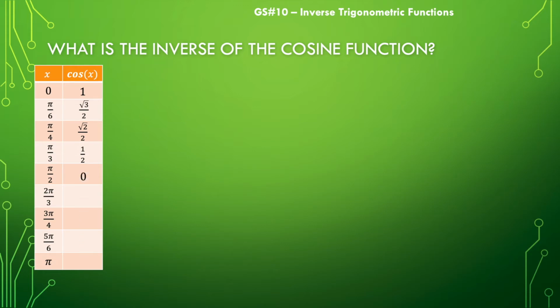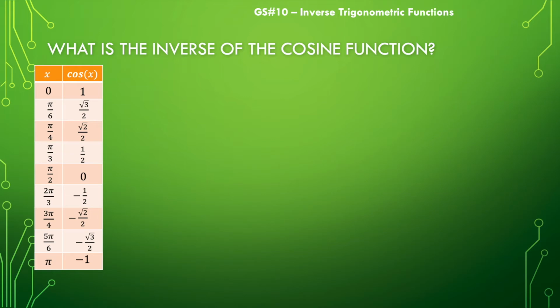And then on into the second quadrant, the cosine of 2 pi over 3 is negative 1/2. The cosine of 3 pi over 4 is negative rad 2 over 2. The cosine of 5 pi over 6 is negative rad 3 over 2. And last, the cosine of pi is negative 1.